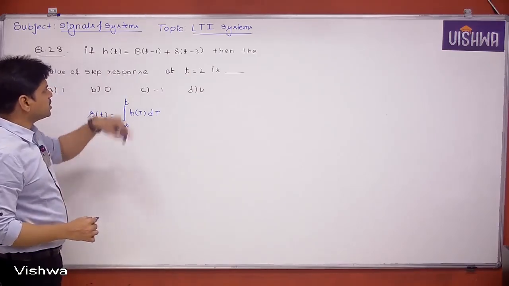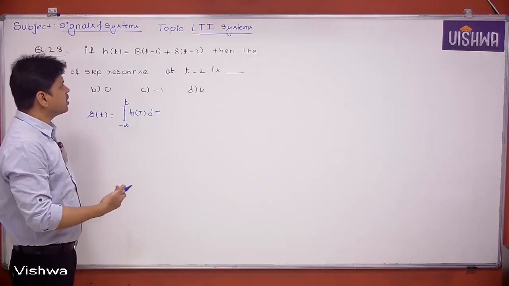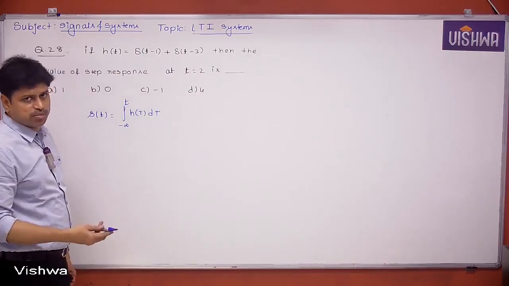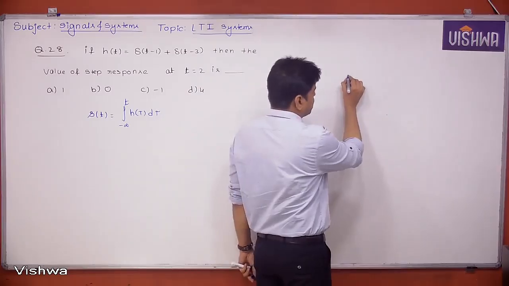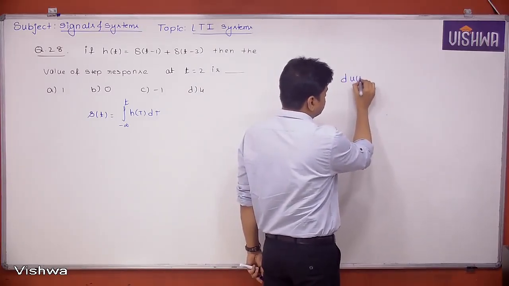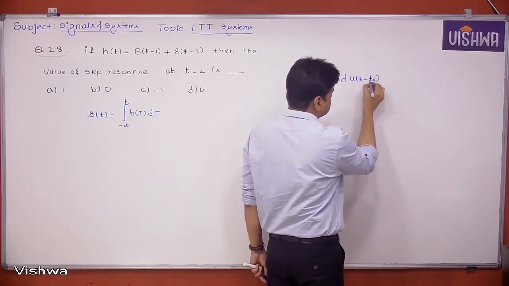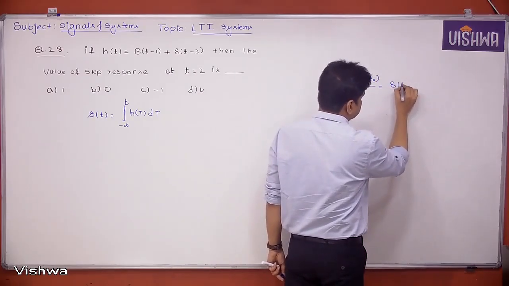The integration of impulse function is nothing but u of t. The integration of delta t minus 1 is nothing but u of t minus 1. We know that differentiation of u of t minus t naught is delta t minus t naught.